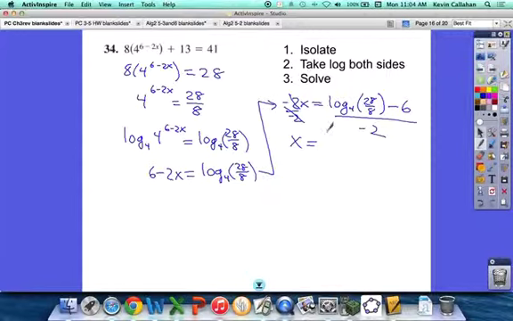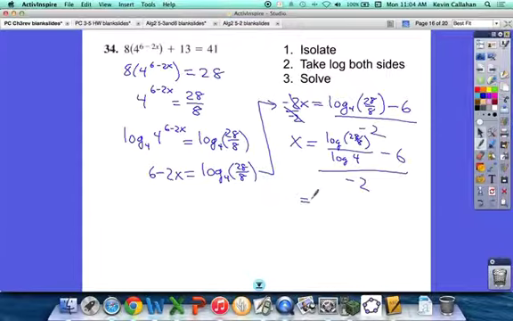I'm going to simplify it. I'll call it log of 28 over 8 divided by the log of 4 minus 6 over negative 2. But here I'm just going to use the log base function. Where do you find it in this calculator? Math, and it's close to the bottom, right?